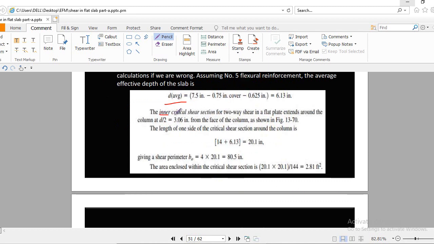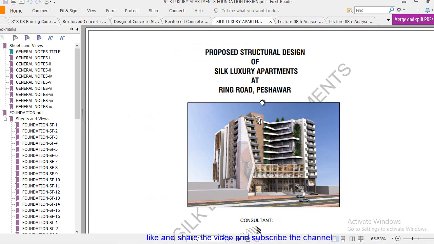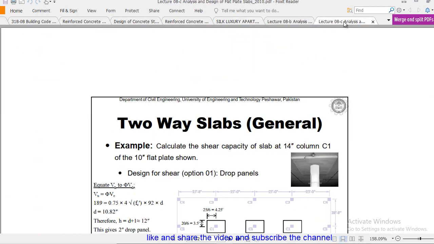The inner critical section lies at a distance of d/2 from the face of the column. Remember, in that lecture we also covered some part of this design, which is done by Dr. Khasrali, integral beam design. Clear?